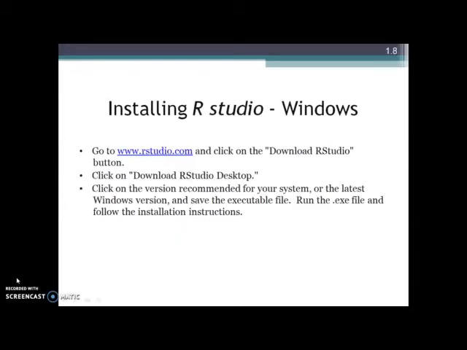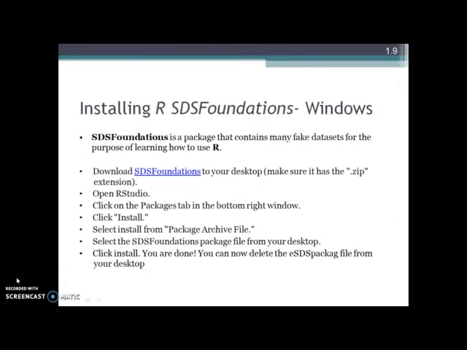Apart from installing the R console, we strongly recommend you install RStudio, which is an integrated development environment for the R language. It makes it easy for developers. And we also suggest you install the SDS Foundation, which contains a huge quantity of sample data to be used during the running of these various examples and programs.